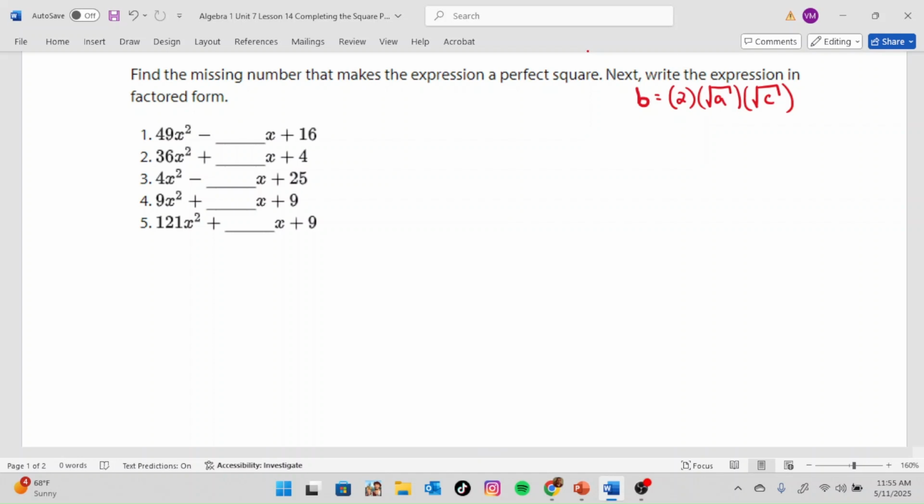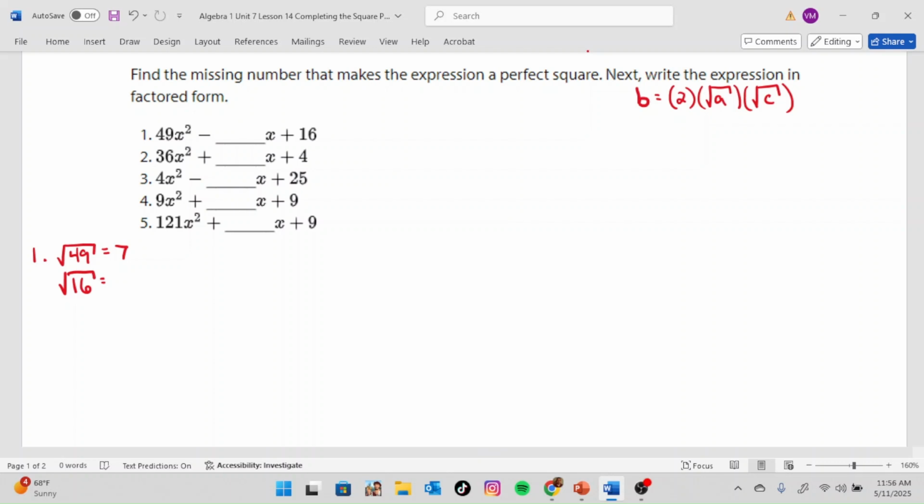So on number 1, I can see that a is 49, so the square root of 49 is 7. I can see that c is 16, so the square root of 16 is plus or minus 4.